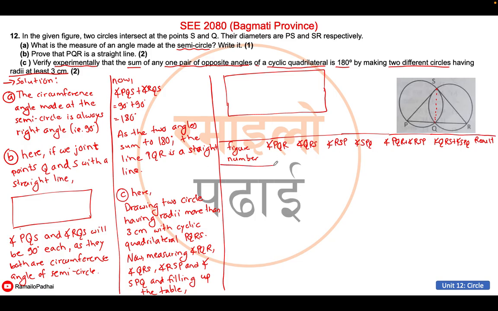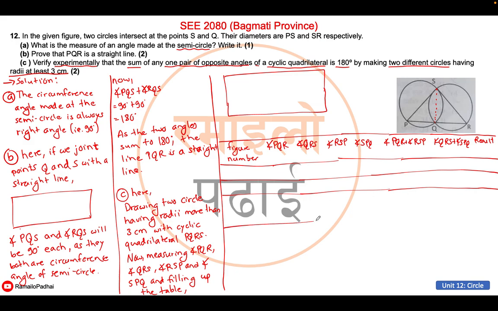This is the table that we will fill out. We have two figures, so we will have only two rows, and here it will be the conclusion.